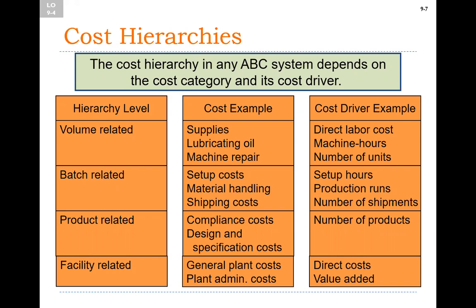Or it could be product related. If I'm dealing with multiple products, there are some activities that are associated with making one product and a different set of activities associated with making another type of product. Or it could be facility related, meaning relating to the plant as a whole or the production facility as a whole. So each one of these, whether it's volume related, batch related, either one, they all have individual cost drivers that will match the type of hierarchy level that we're dealing with.